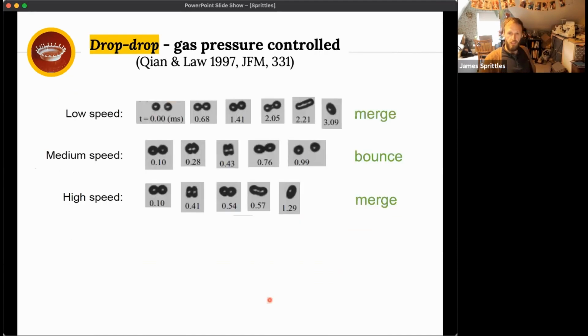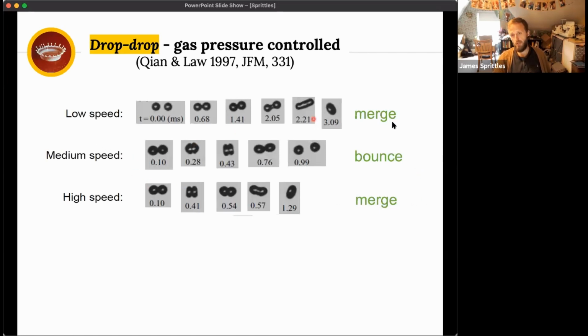Now, in drop-drop collisions, the effect was well recognized in the '90s, and I'm sure probably before. What's really interesting there is if we look at head-on collisions for simplicity, if these droplets impact each other slowly, then they merge. If we speed up a little further, they bounce off each other. And the remarkable thing is if we speed up even further, then they merge again.